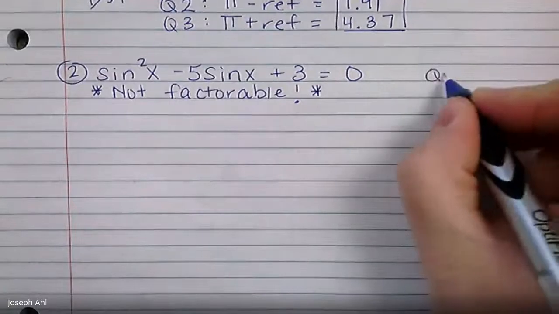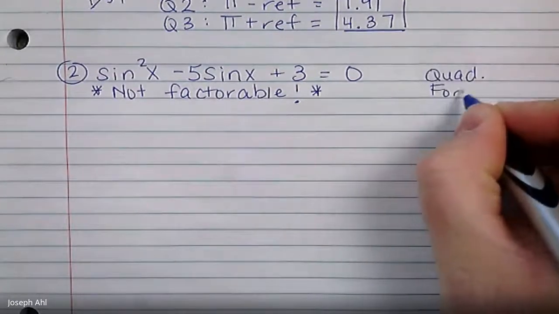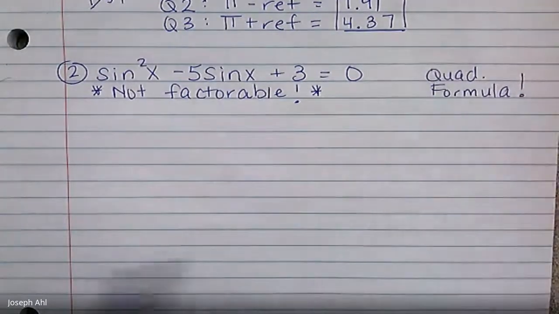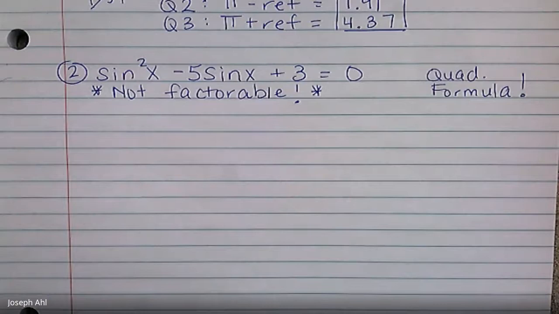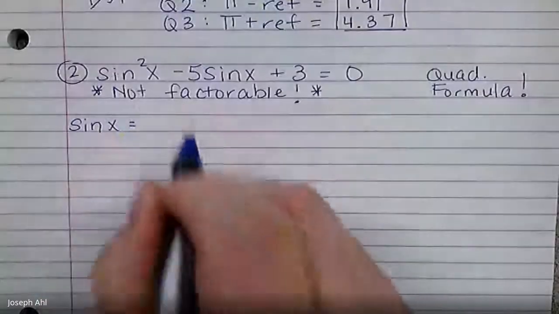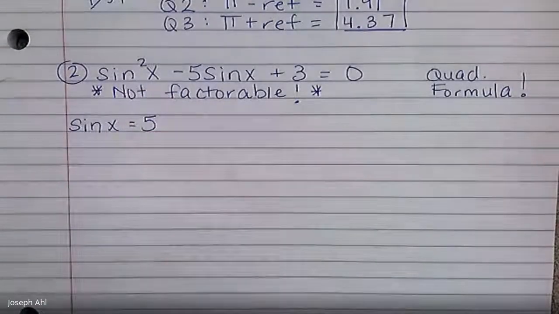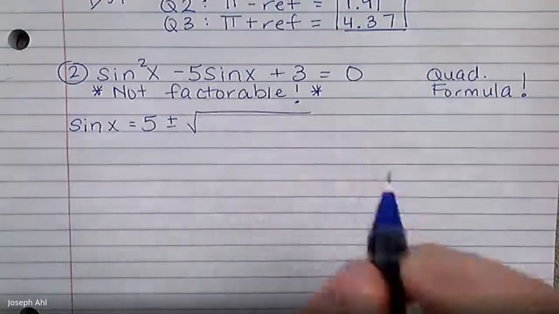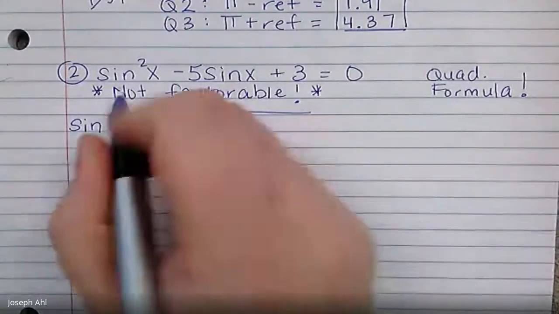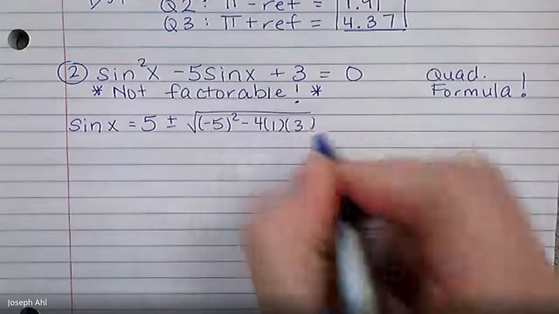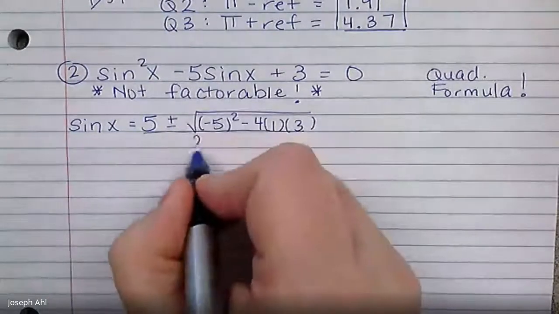And that other technique is we're going to solve using the quadratic formula. Hopefully you remember that. Usually it's x equals negative b plus or minus the square root of b squared minus 4ac, all over 2a. Here, I'm getting sine x equals negative negative 5, which is positive 5, plus or minus the square root of -5 squared minus 4 times 1 times 3, all over 2a.